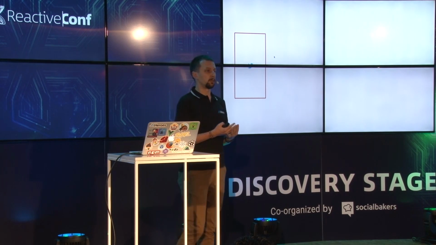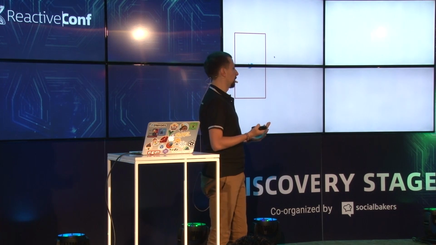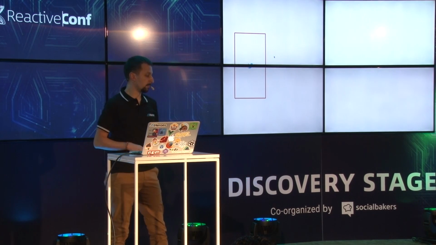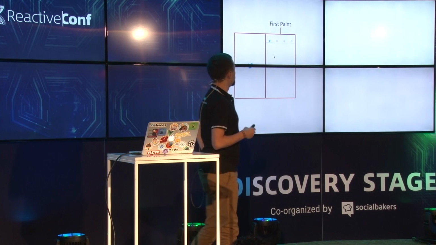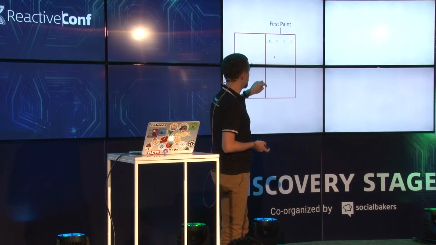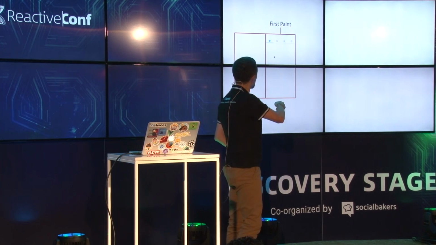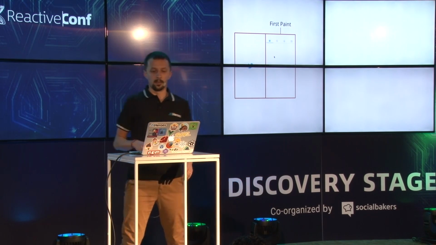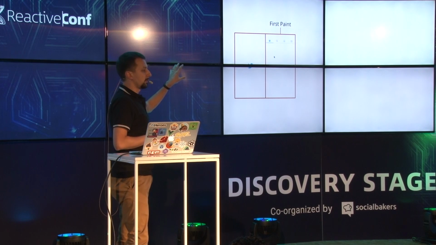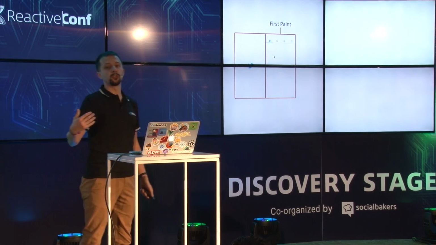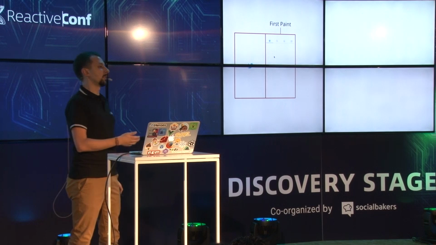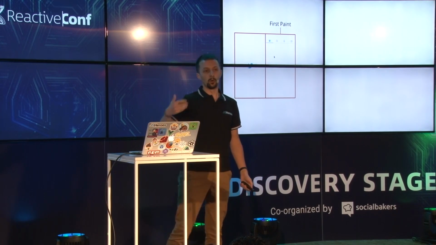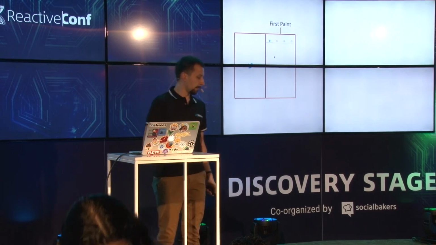They might actually assume that the website is not working at all if you just display a blank page. At a certain point, they have the first paint when they actually see something. You will not see it here, but there's a spinner in the middle. This is the first time that the user has some indication that the operation they requested, loading the page, is working, is in progress somehow.